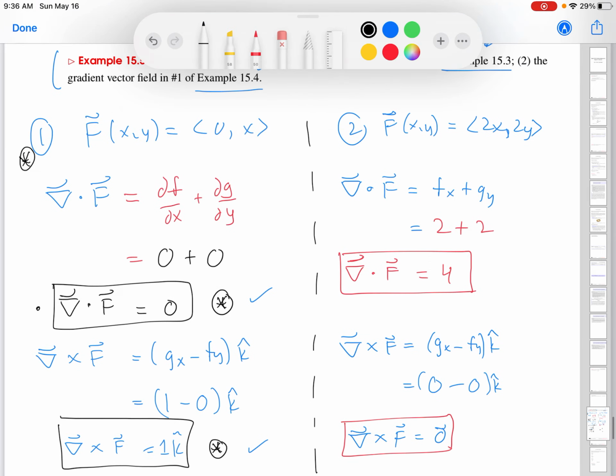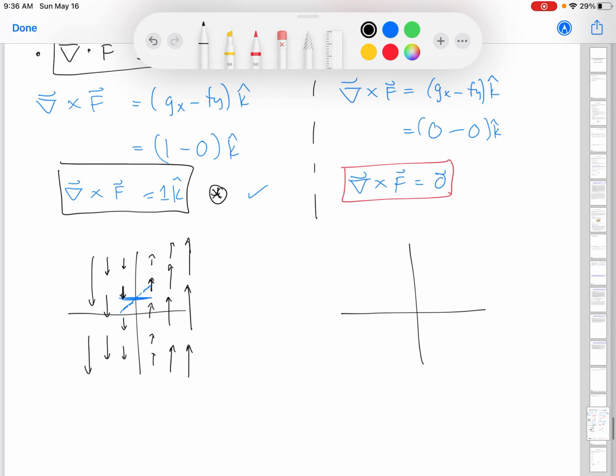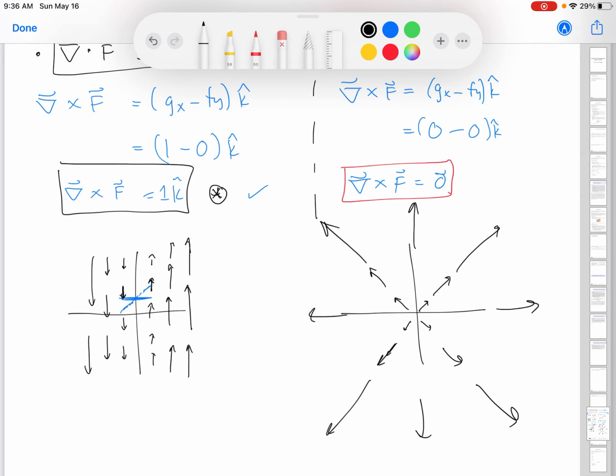The vector field over here, on the other hand, is just going straight out from the origin in a radial direction. And these arrows get longer the further away from the origin you get. So these were very rough plots of this vector field, and I'll show you this with technology again.